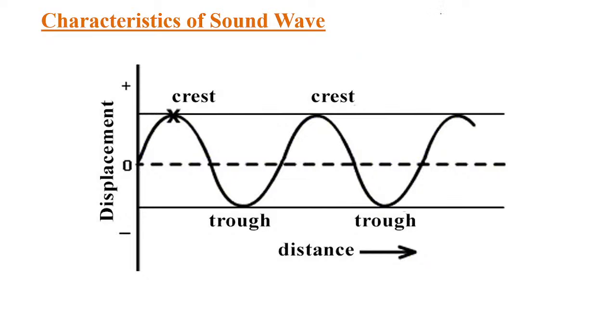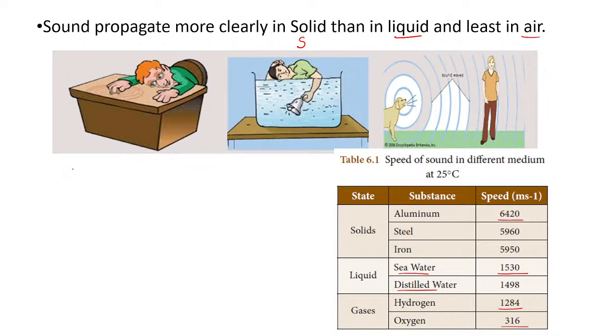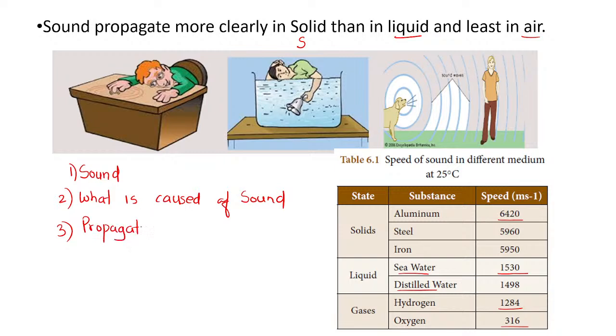Before that, let us summarize what we have learned in today's class. We have learned about sound: what is sound, how the sound is produced, what is the cause of sound, and then the propagation of sound, how sound propagates from one place to another.